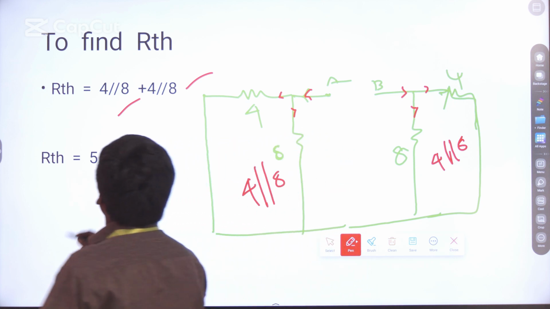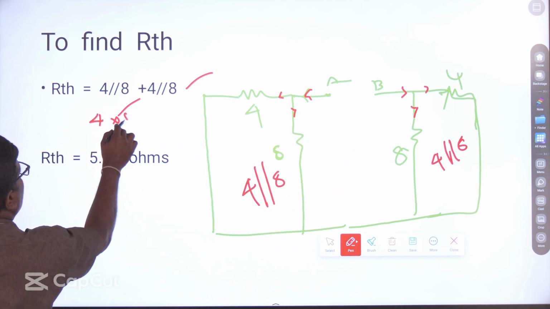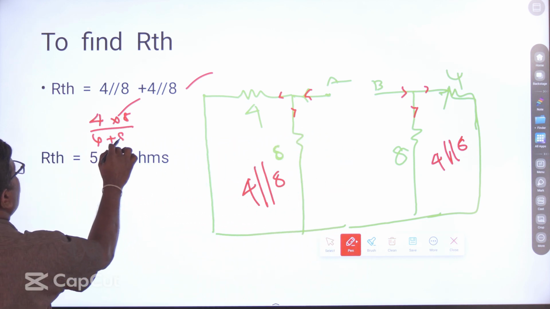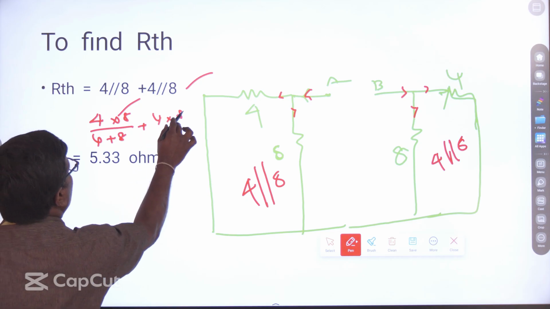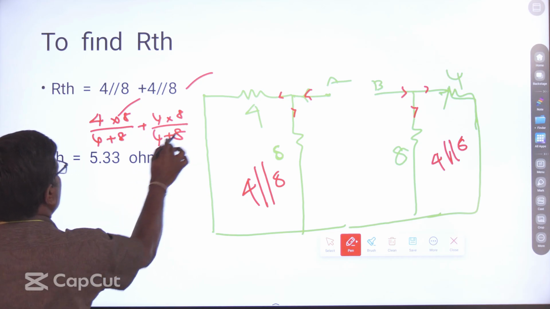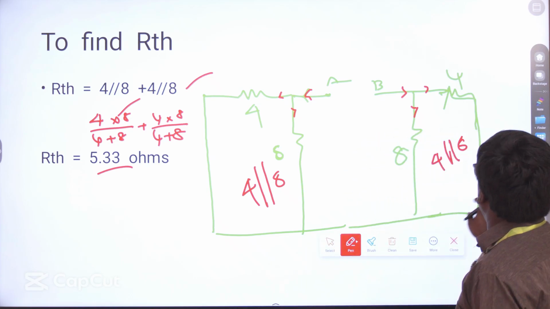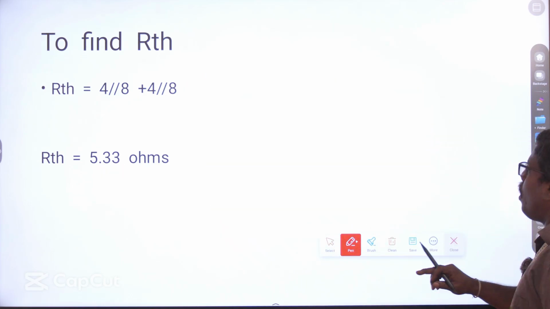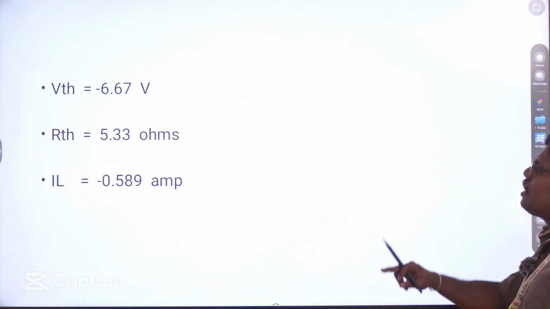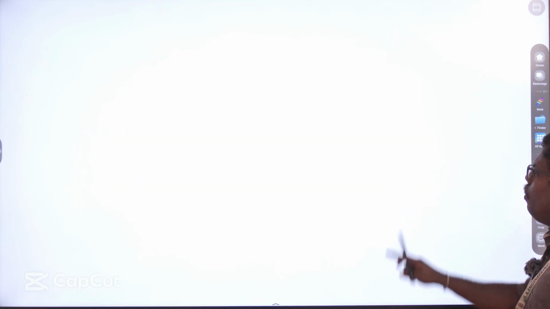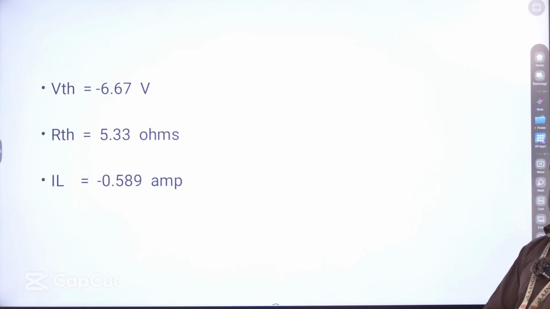How are we going to determine? 4 into 8 divided by 4 plus 8, plus 4 into 8 divided by 4 plus 8. You are going to get it as 5.33. Okay, so you got the resistance value. Now next step, you have to draw the equivalent circuit.